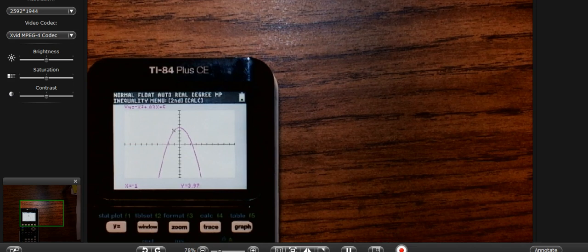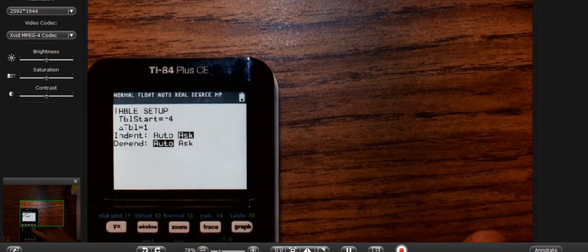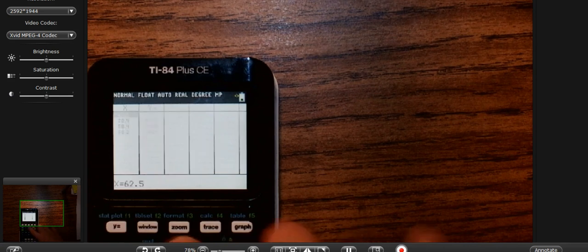You could look at a table. I like that idea too. We could do table setup, start at 0, or we could just do the ask and auto feature. Ask for independent variable, dependent variable auto. Go to the table. Here, I'll get rid of some of these values.